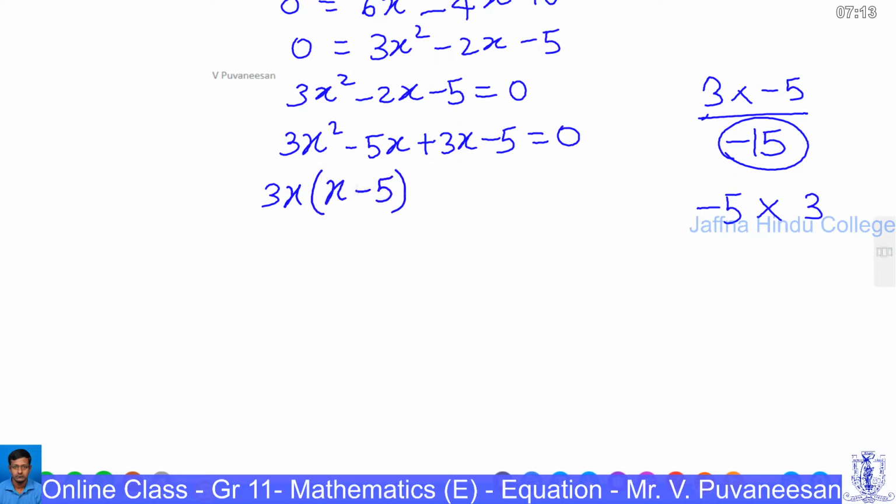In the other two terms we can take x out, or plus 1 out. 3x minus 5 equals 0.